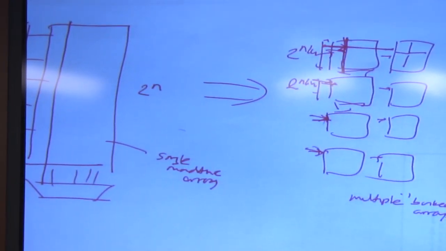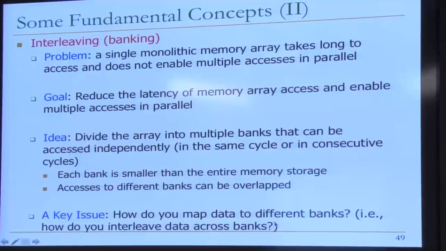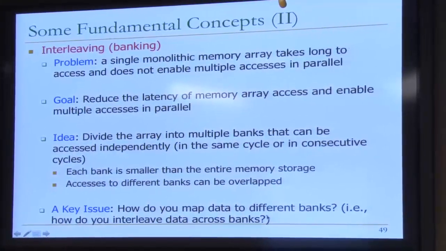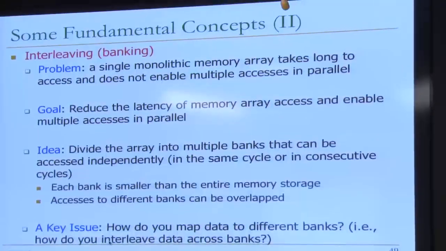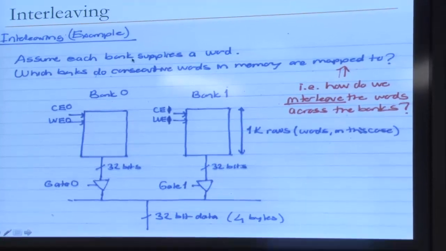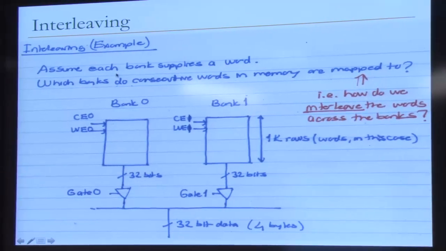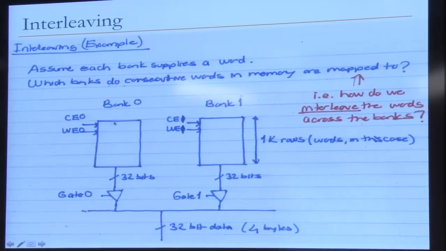So a key issue in banking is, how do you map data to different banks? We kind of covered this earlier, and I'll cover it a little bit more today. The other way of asking this question is, how do you interleave the data across banks? Here's one example. Assume each bank supplies a word, and we have two banks.